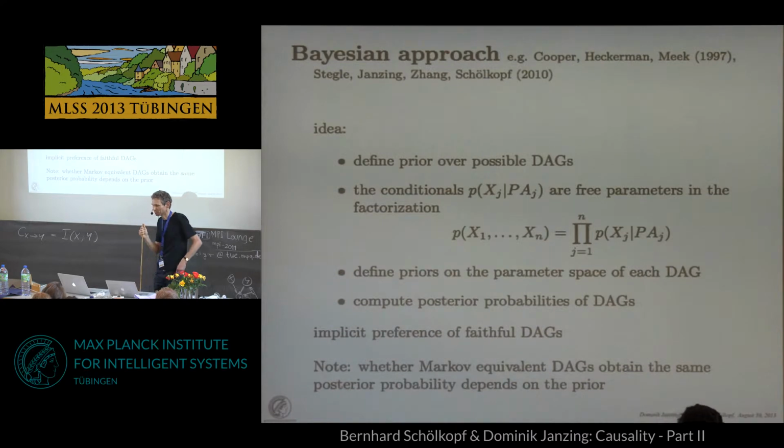And I found this argument silly. Actually, we want to distinguish equivalent DAGs, and therefore we need reasonable priors. And we will later show, I mean, we will not explicitly define the priors, but we will show prior assumptions that make them identifiable.